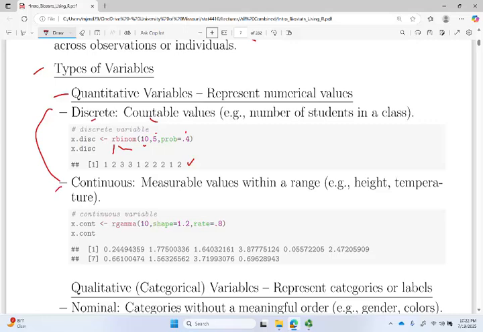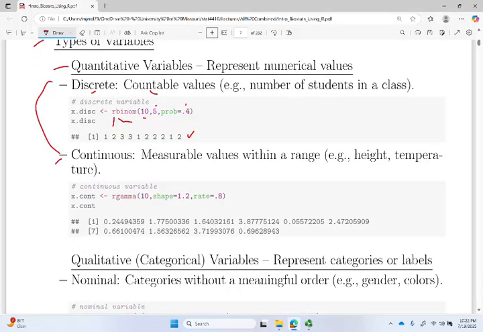And a continuous variable, you think of it as over an interval or a range. Like height, technically it can be anything within an interval, or temperature. So here we're going to take a random sample of 10 observations from a gamma distribution, and these are the parameters from that gamma distribution. And when we print them out, we get this.